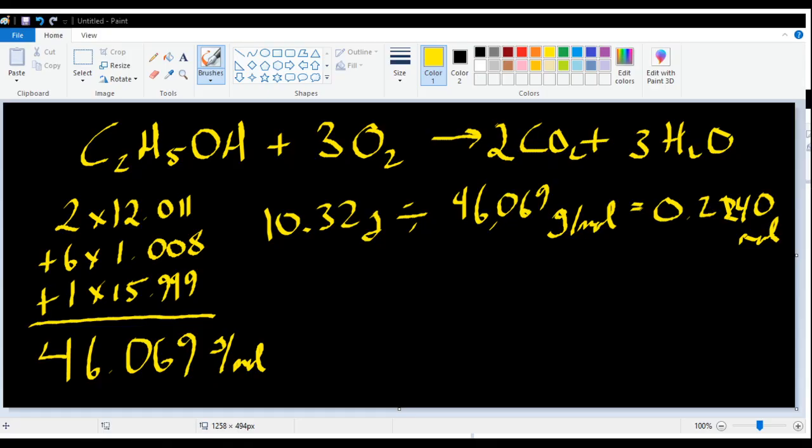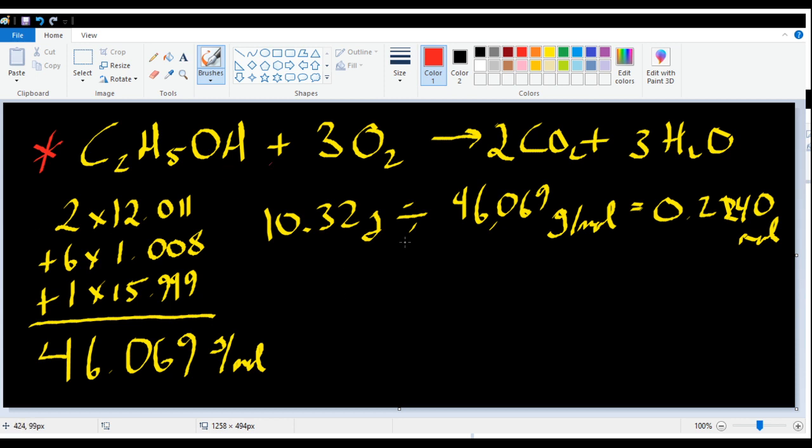Meaning that every time one mole of ethanol reacts with 3 moles of oxygen to produce 2 moles of CO2 and 3 moles of water, it's going to release that 1366.8 kilojoules. So the kilojoules per mole means kilojoules per unit reaction.